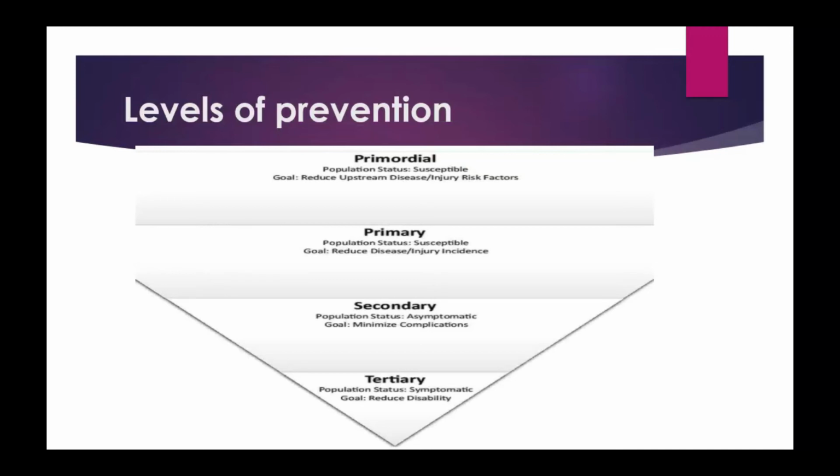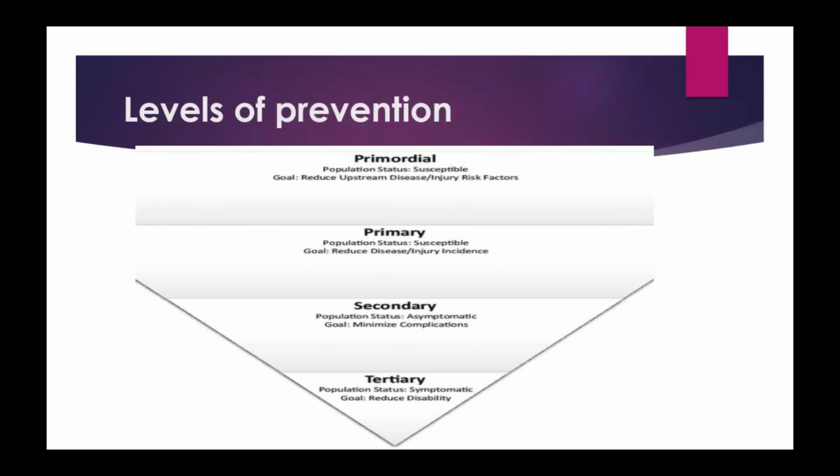Next is primary prevention. It is defined as action taken prior to the onset of disease, which removes the possibility that a disease will ever occur. From the definition, in primary prevention the disease has not taken place but the risk factors are present.